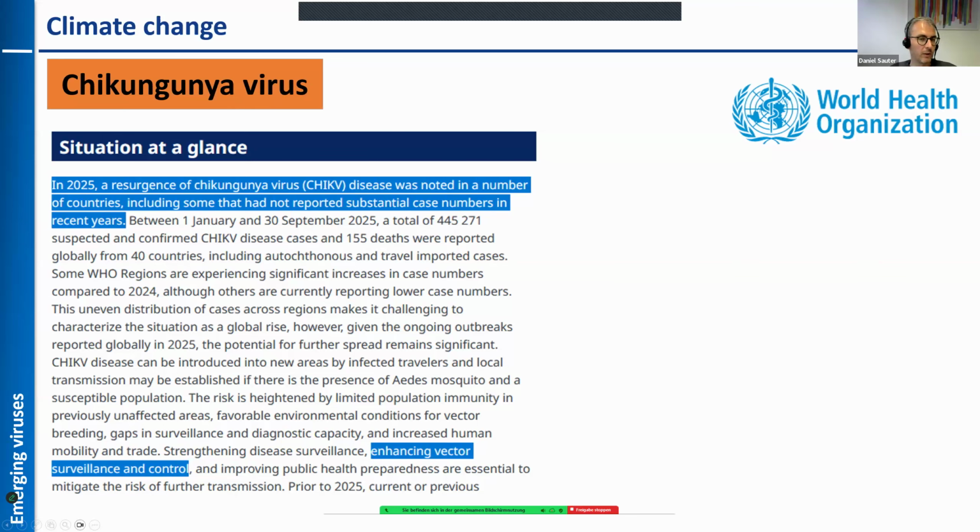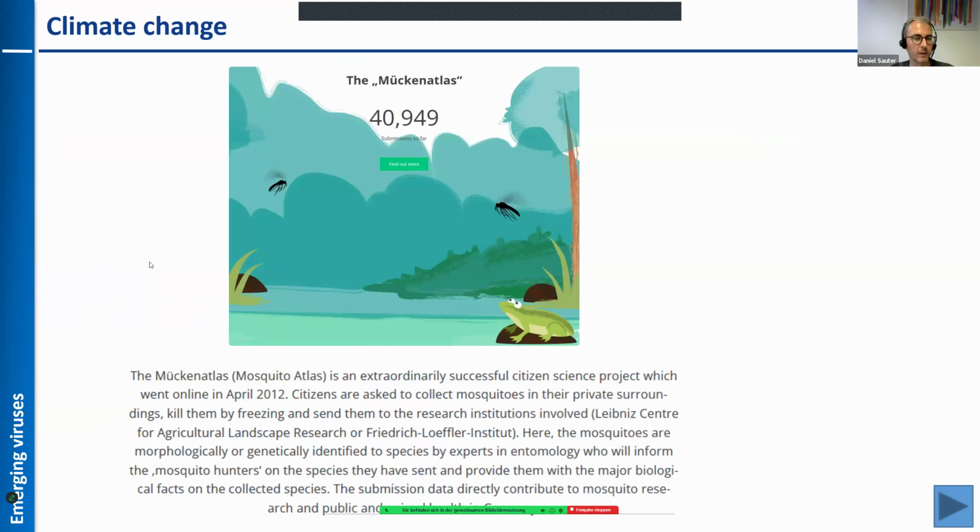One way of monitoring vectors is actually a citizen science project. This is an example from Germany, where we have the so-called mosquito atlas. It is a citizen science project where citizens, so non-scientists, just laypersons, are asked to collect mosquitoes in their home, in their bedroom, and to freeze them and then send them to specific research institutions in Germany.